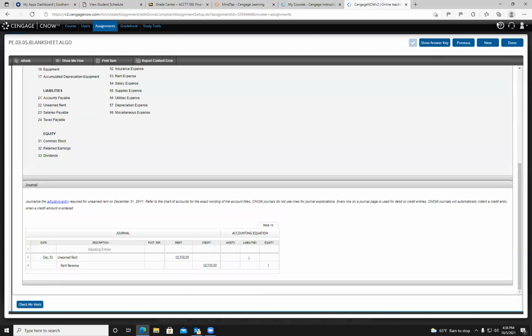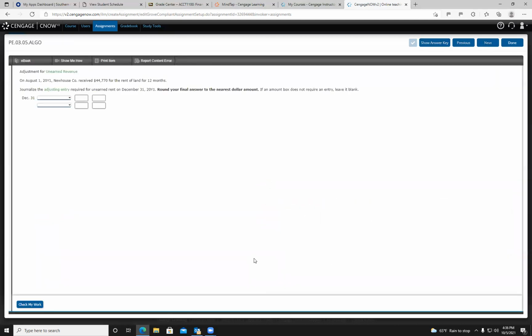All right, let's do the next one. All right, there's another example of unearned revenue. So again, August 1st, New House Company received $44,770 for the rent of land for 12 months. It wants us to journalize the adjusting entry required for unearned rent on December 31st.